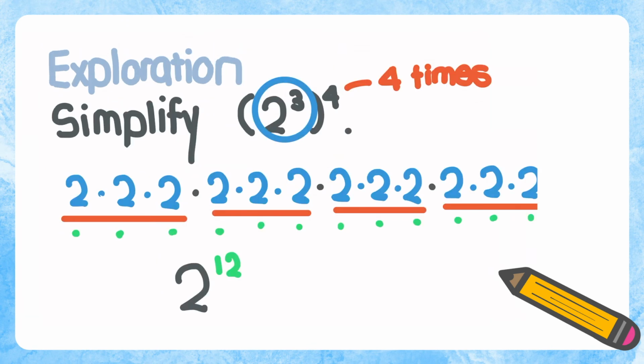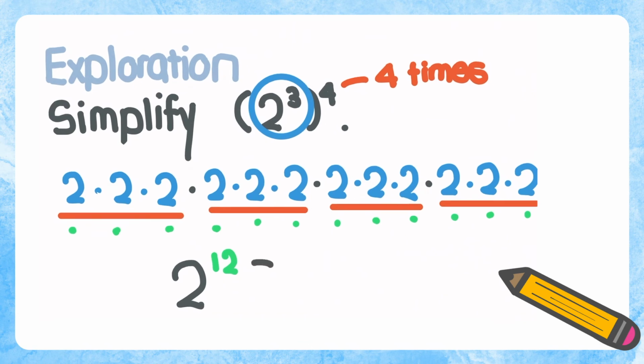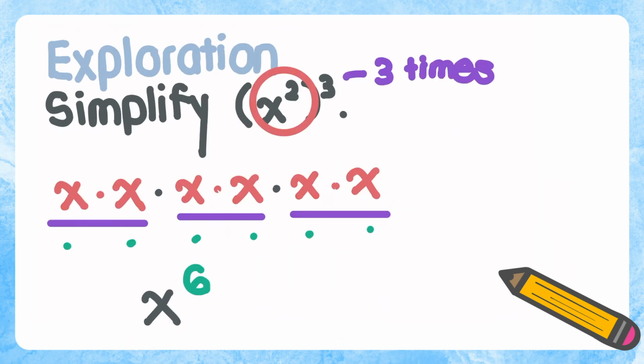So what might you notice from looking at these explorations? In the first exploration, for 2 to the power of 3 to the power of 4, guess what? 3 times 4 equals 12. And in the second exploration, we have x to the power of 2 to the power of 3.